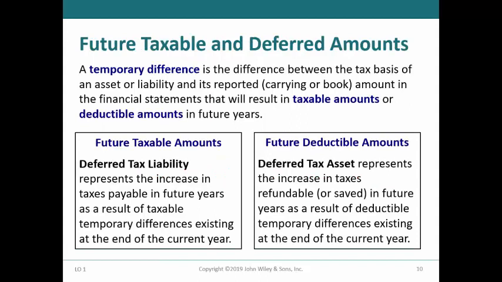As we have seen in the previous slides, the original difference of $6,000 in income tax expense and income taxes payable resulted in a deferred tax liability. This deferred tax liability would reverse over the next 2 years as the revenue begins to be reported on the tax return, and we would debit the deferred tax liability account.